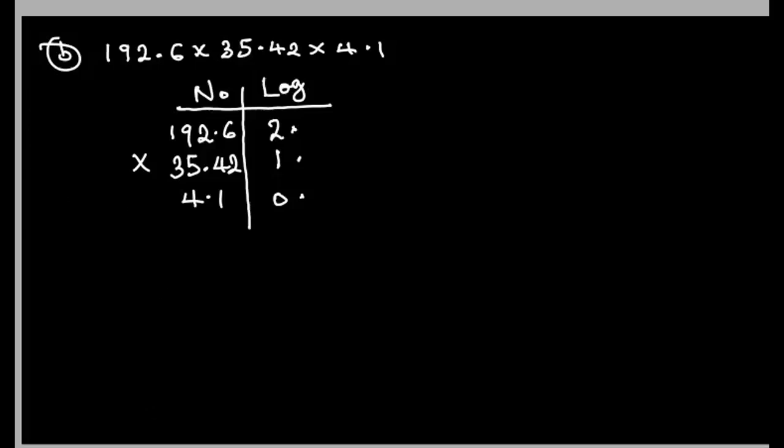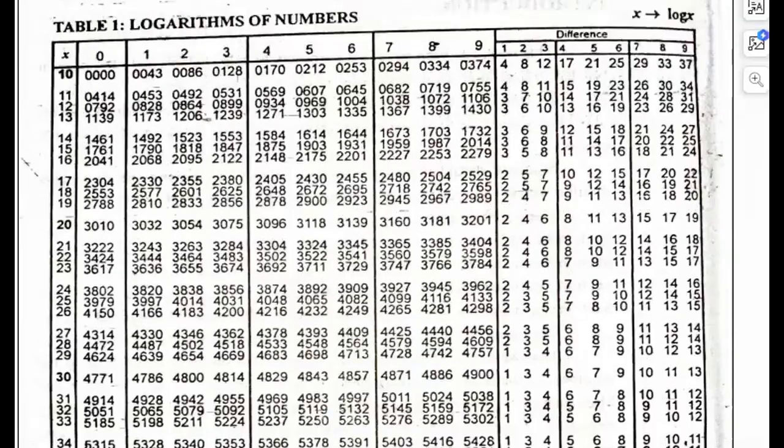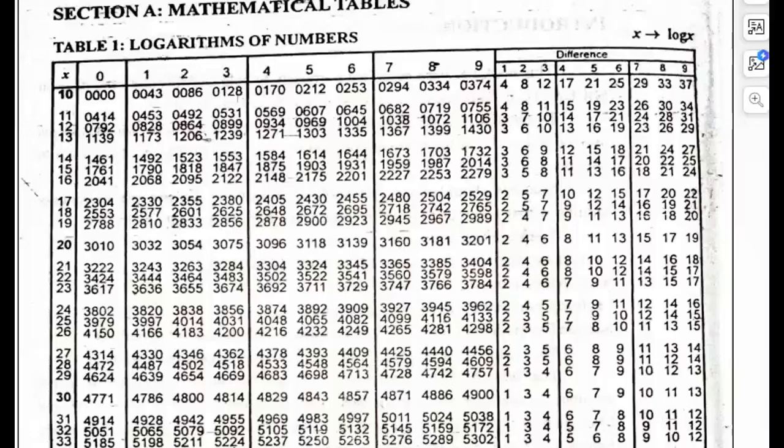Now let's get the logarithm of these numbers. Let's look for the first one. Look for 19 under 2 equals 6, under the logarithm of numbers on the table.